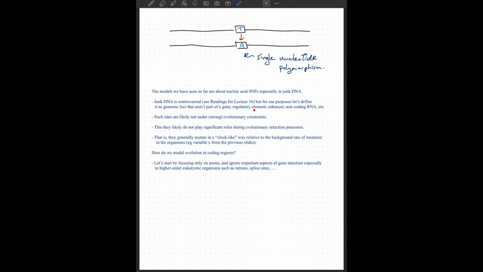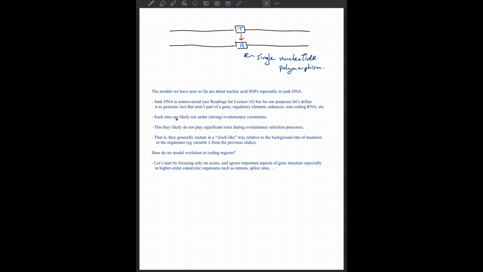That definitely goes against the classic notion of junk DNA, that our genomes have parts that don't have any regulatory or functional significance. Back in about 2010 or so that was very hotly debated, and it's a nice paper to read. But for our purposes here, we don't need to worry about that too much.